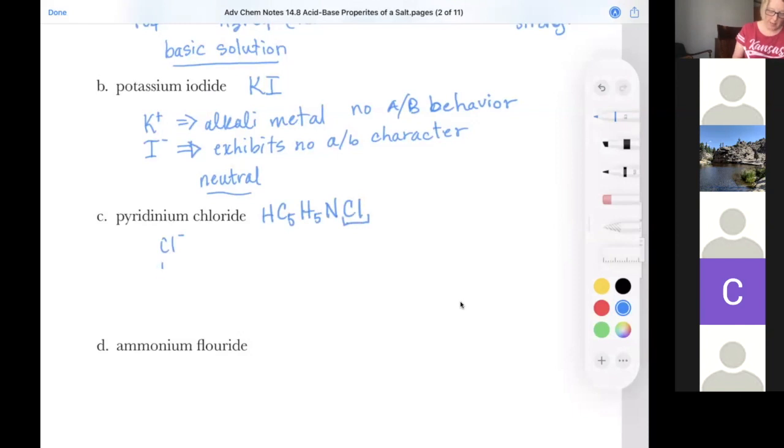We also have HC5H5N, the pyridinium ion. It's the conjugate acid of pyridine, which is C5H5N.